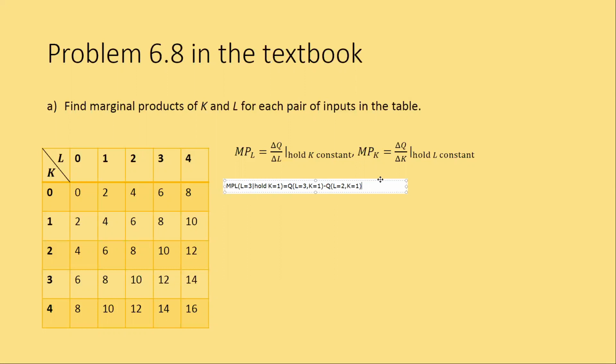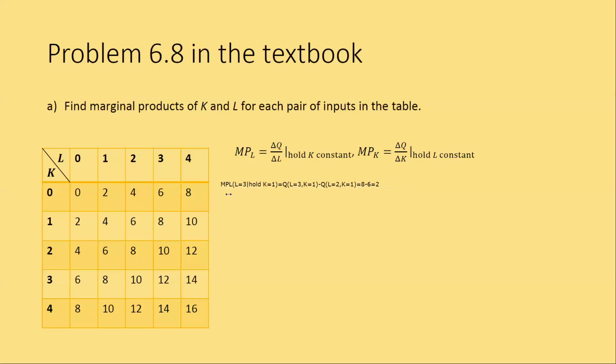So we are holding capital constant at 1 unit and looking at the marginal product of the third unit of labor. If we look at the table, when L equals 3, K equals 1, this is 8. And when L equals 2, K equals 1, this is 6. So the marginal product of the third unit of labor holding capital constant at 1 unit is 2.